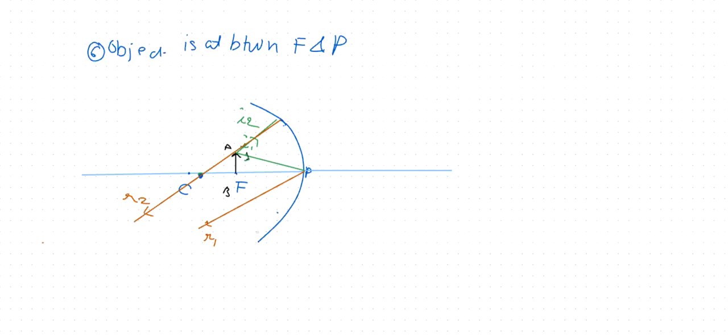So what we'll do is we'll extend it backwards. This one here and this one here too. So let me do it freehand only like this, and then this one like this. And what do you see? They intersect behind the mirror.